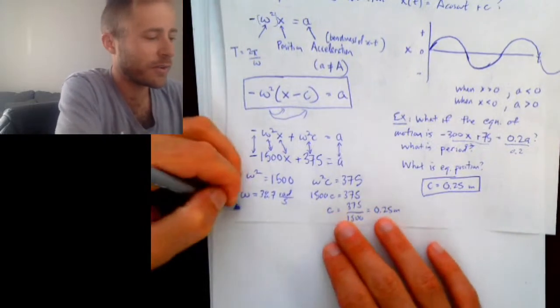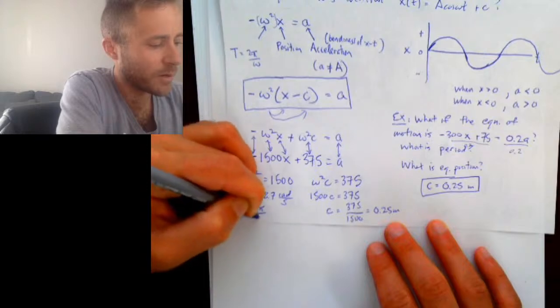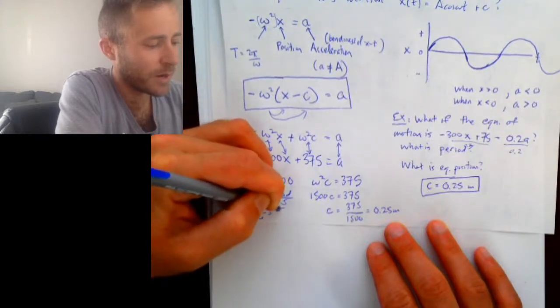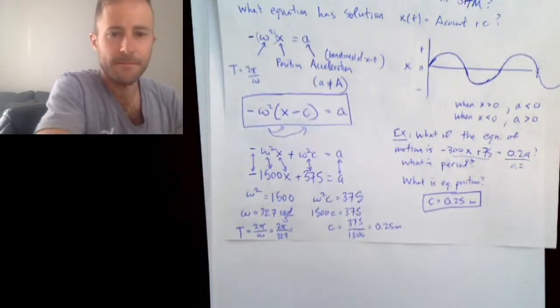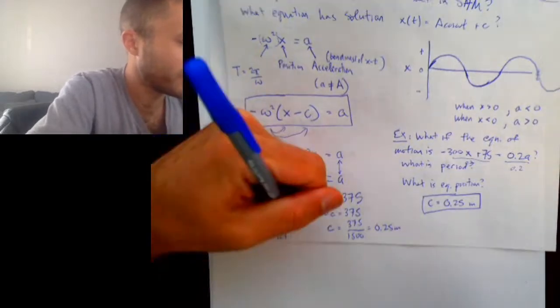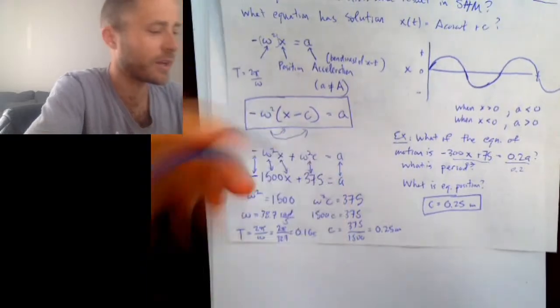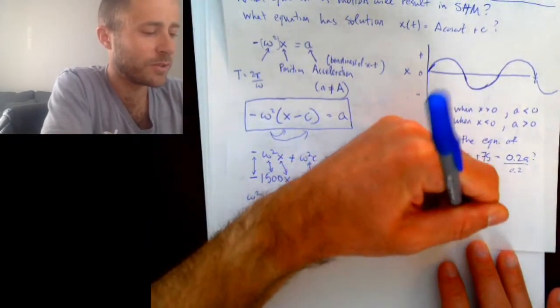And then we use the fact that period is 2 pi over omega. So 2 pi over 38.7, and we get 0.16 seconds. So the period is 0.16 seconds.